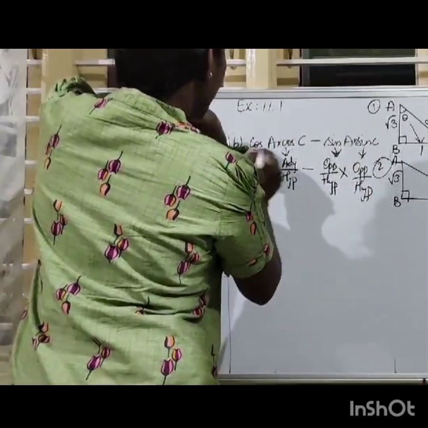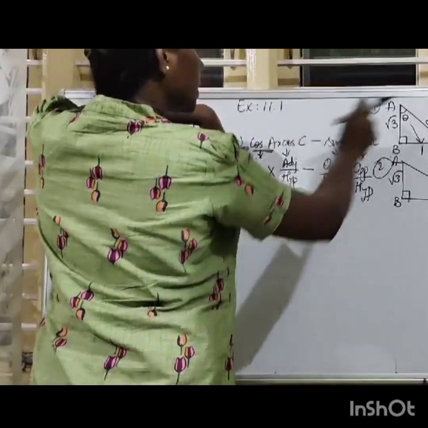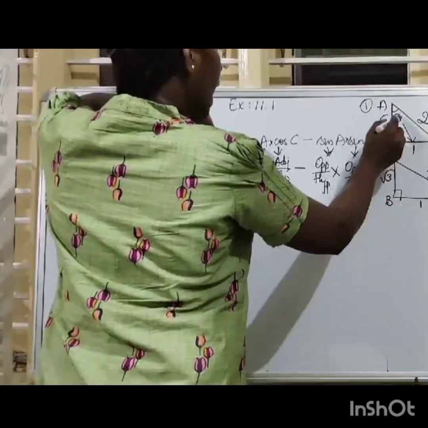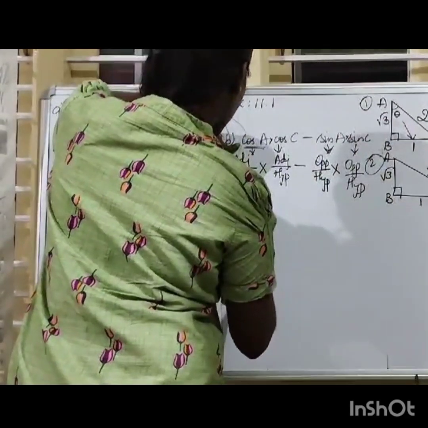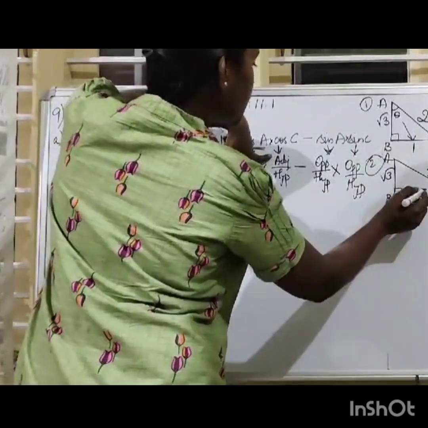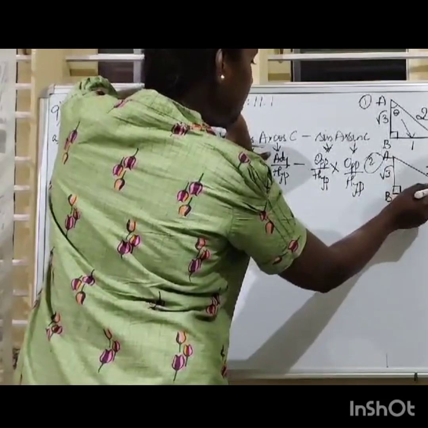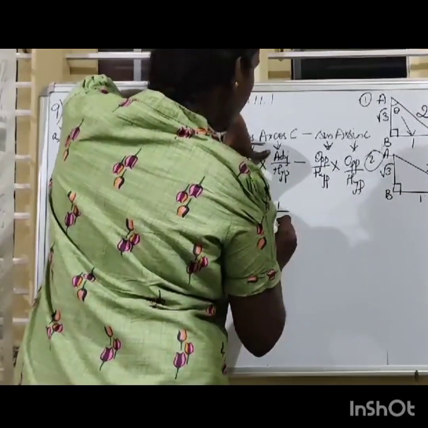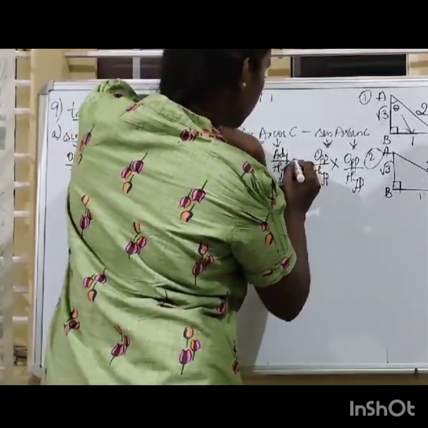Now it is cos A. Cos A means this triangle we will be looking for. Adjacent root 3 hypotenuse 2 into cos C. This triangle adjacent is 1 by hypotenuse is 2.